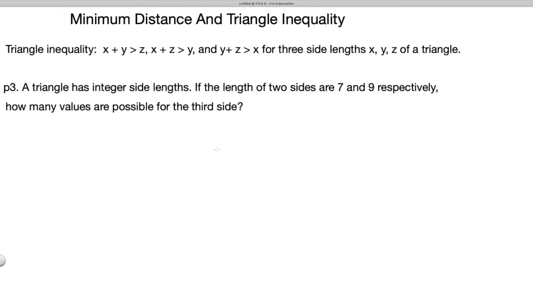That's the triangle inequality. Let's look at one example. A triangle has integer side lengths. If the lengths of two sides are 7 and 9 respectively, how many values are possible for the third side? Let's draw out the triangle.